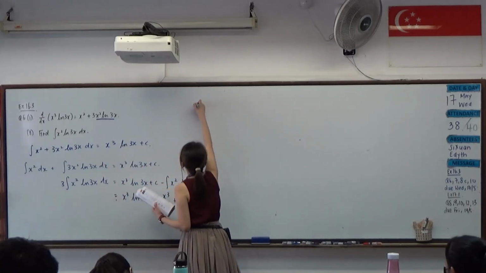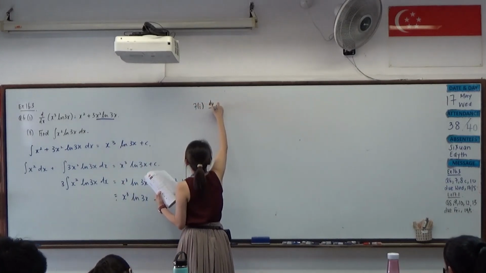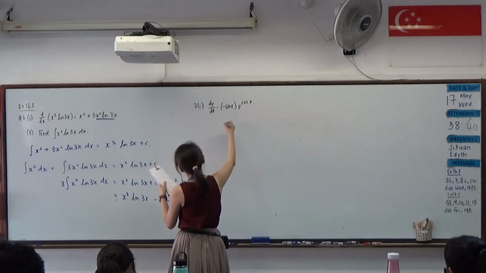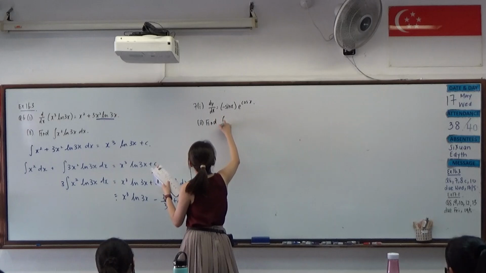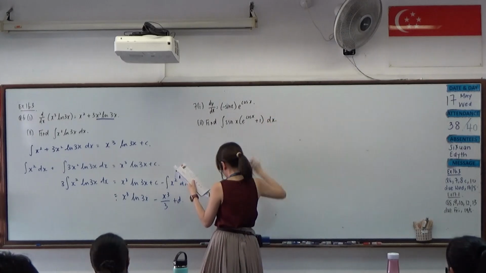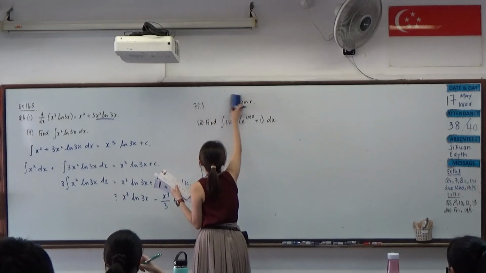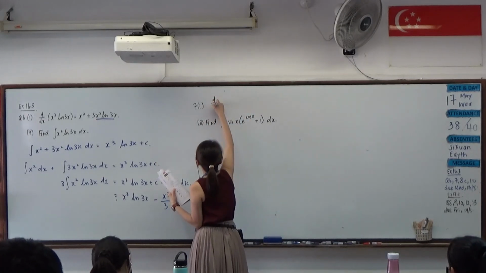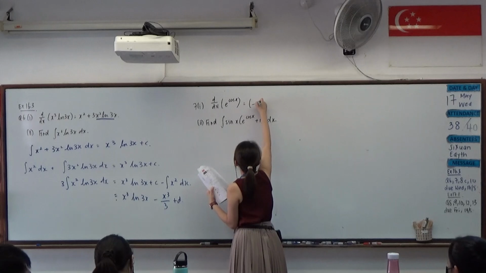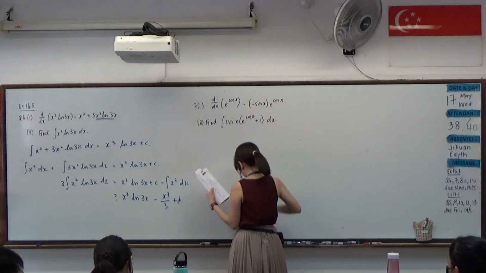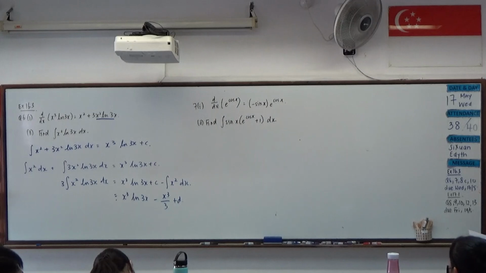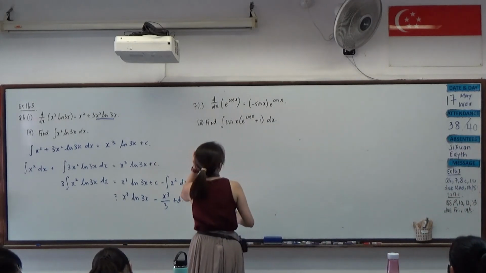Part 2 for question 7. Okay, for question 7, part 2, we want to integrate sine x times e cosine x plus 1 dx.